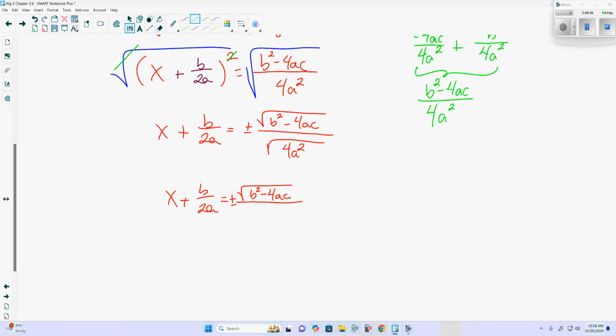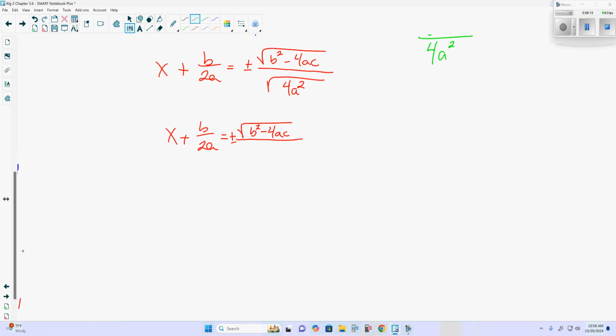The only way to simplify that radical is if I can rewrite it as a term being squared. B squared is being squared, but because of the minus 4ac, they are stuck together, I can't just split them apart. Now the denominator, 4a squared, is a single term being multiplied together. We can simplify that because the square root of 4 is 2, and the square root of a squared is a. It's just 2a being squared, so that does simplify.